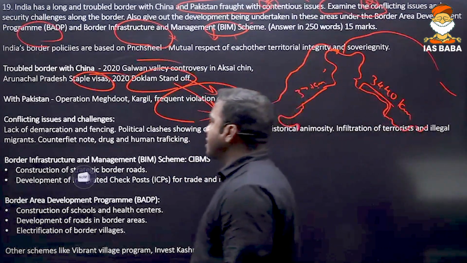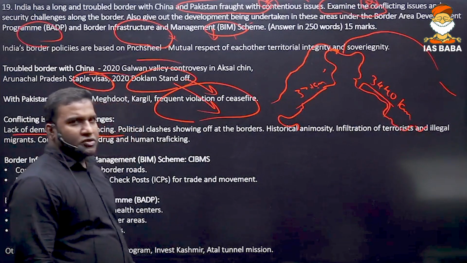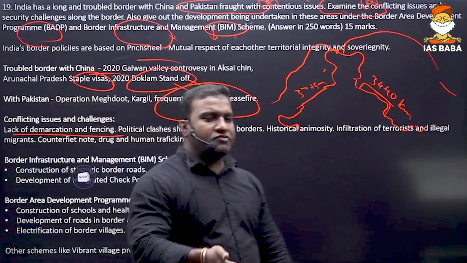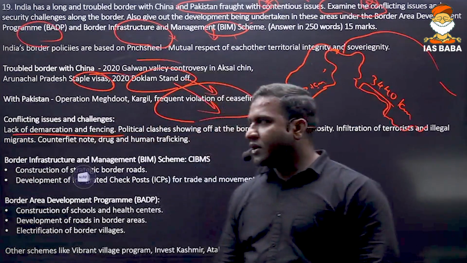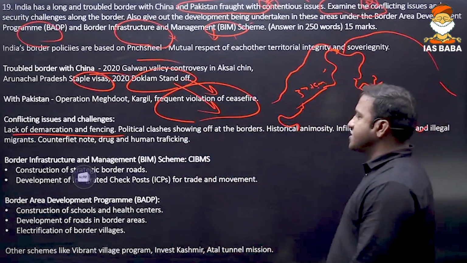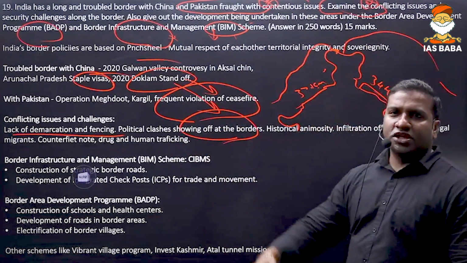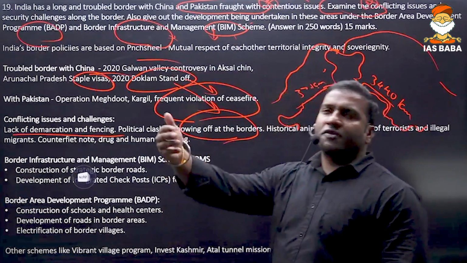Then conflicting issues and challenges: lack of demarcation and fencing, lack of trust on the line of control as well as the line of actual control, and there is no proper geographical terrain to draw the fences. Political clashes showing off at the borders; if politicians say something, it will reflect in the borders.